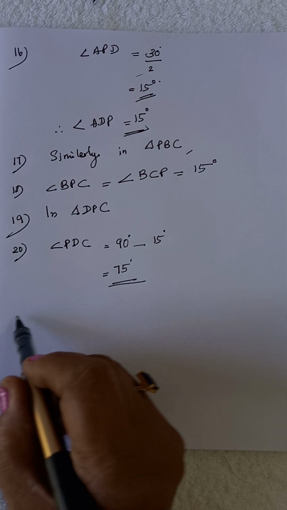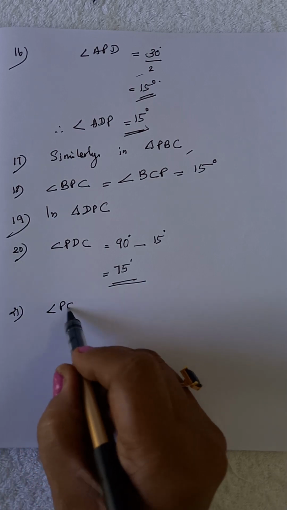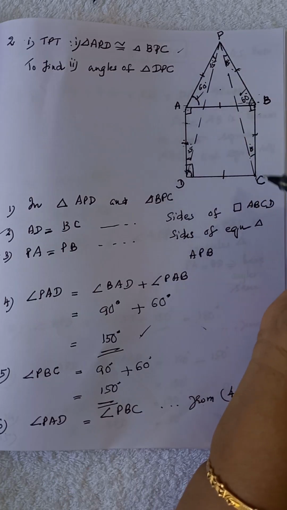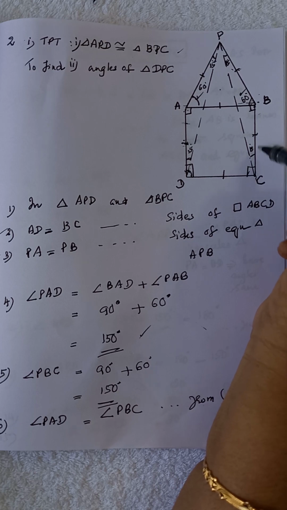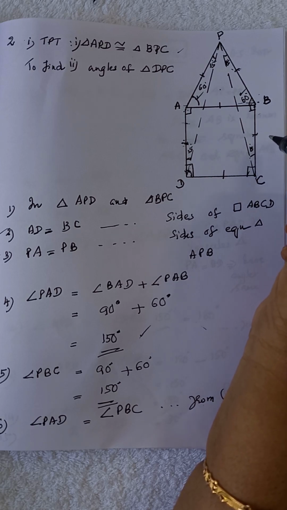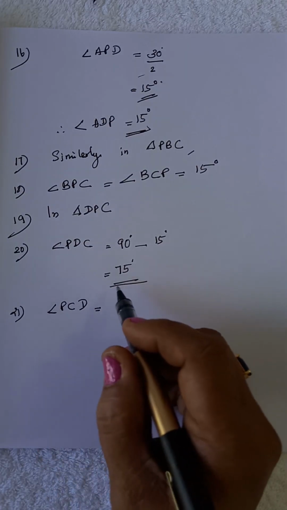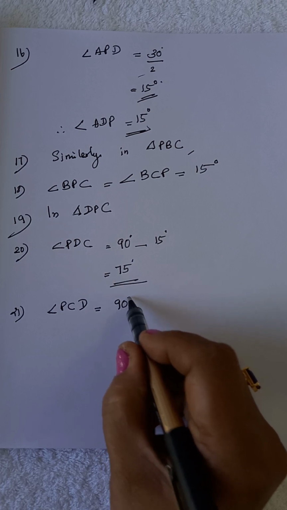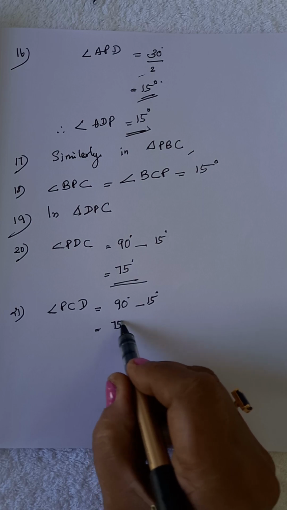In a similar way we can write angle PCD also. What is angle PCD? That is total angle 90 degree, minus angle BCP, that is 15 degree, that is equal to 75 degree. So we can write that angle PCD is equal to 90 degree minus 15 degree, that also will be 75 degree.